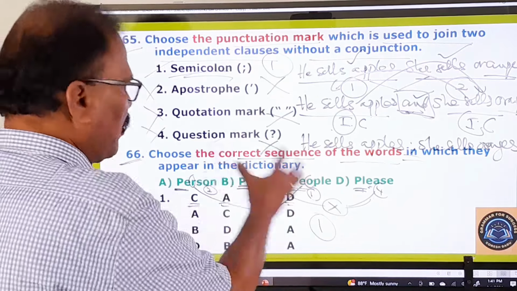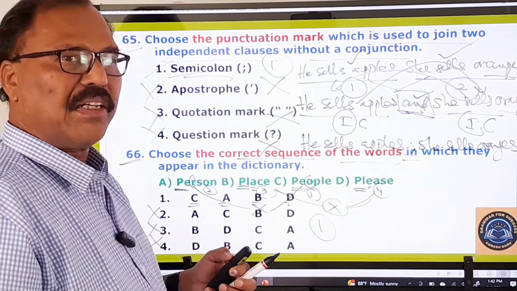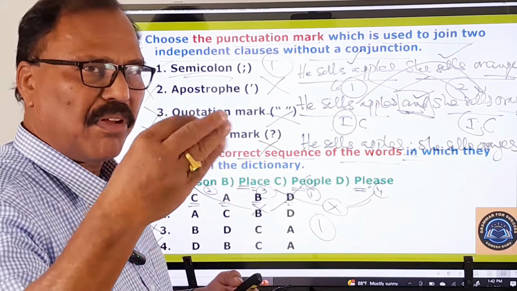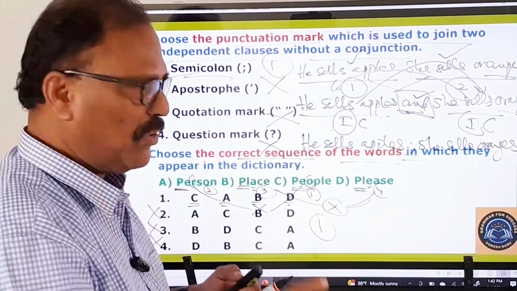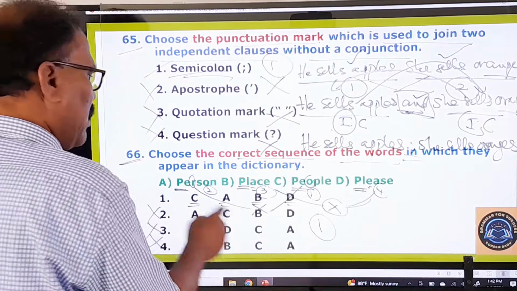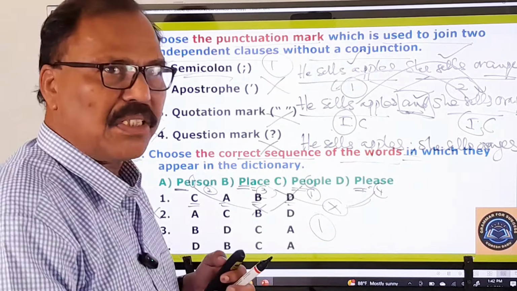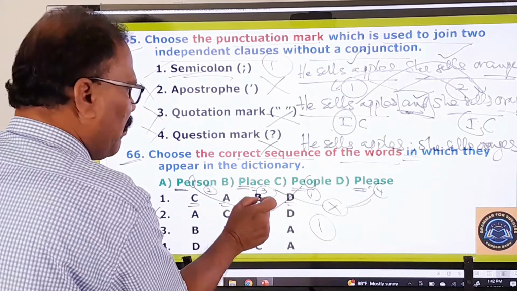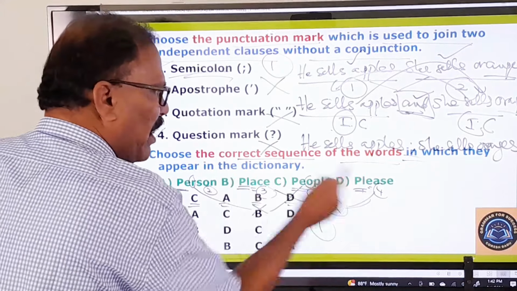So this is how you have to arrange the words given in the examination. It will take just a few seconds, half a minute, not more than that. You can just look at that and keep them in order, right? Nowadays what is happening is that he is giving a tie between the words, PE, PE. These two words begin with PE and these two words begin with PL.